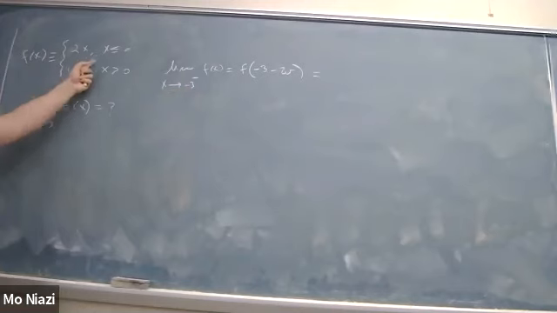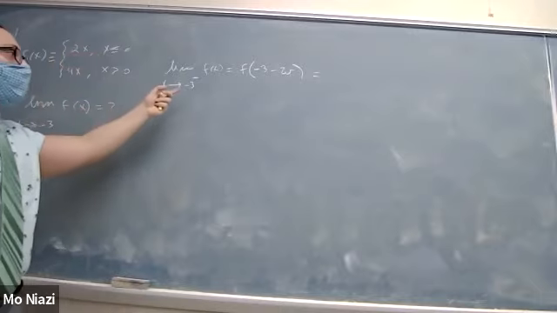Which one of these should we pick? Yes, why? Because negative 3 is less than 0. Yes, yeah. So the part of the piecewise defined function's domain that activates this 2x is where we're at.